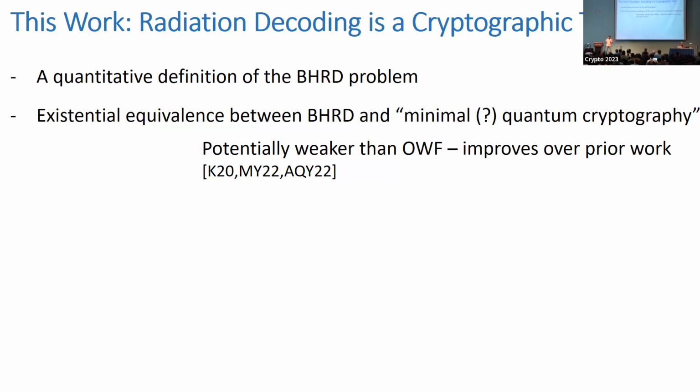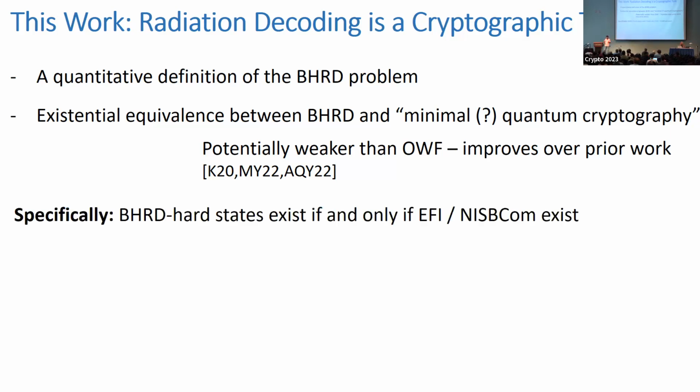So it may be possible that these quantum cryptographic primitives exist, even if one-way functions do not exist. More specifically, we showed that hard instances for the radiation decoding problem exist if and only if there exist these EFI pairs, or equivalently, there exist non-interactive statistically binding quantum commitment schemes. I'm going to say a bit more about this in a minute.